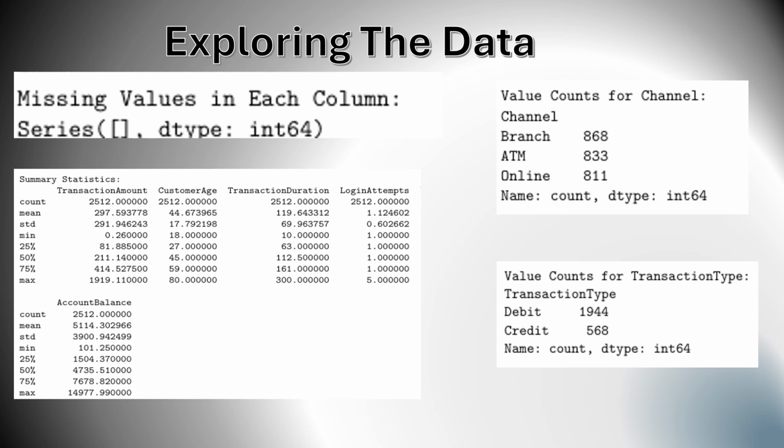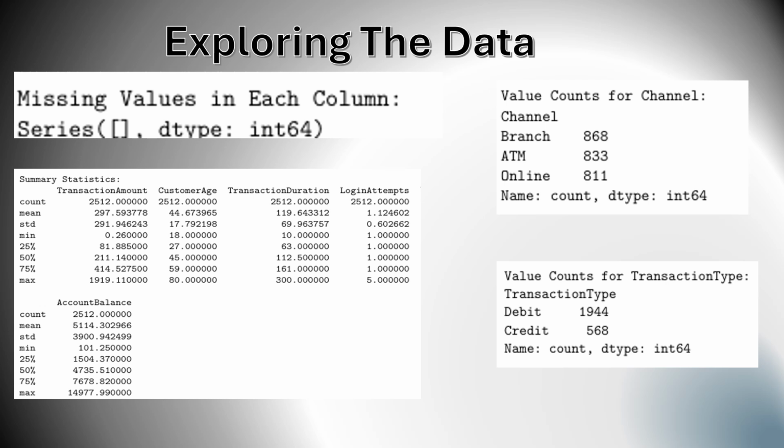It's important to understand these summary statistics before we run our model, because that way we know things like the mean for numerical values, like account balance, transaction amount, transaction duration, login attempts, or customer age. For example, the mean of a transaction is $297. And on average, login attempts is at around 1.